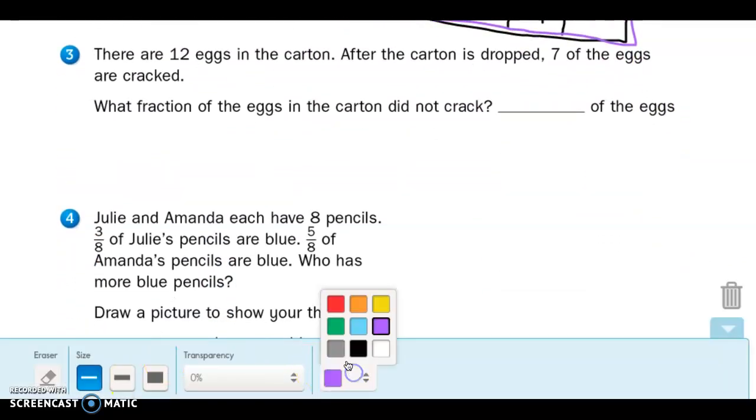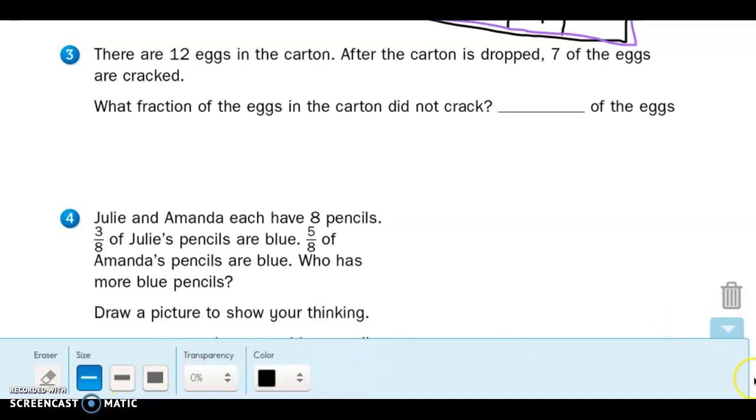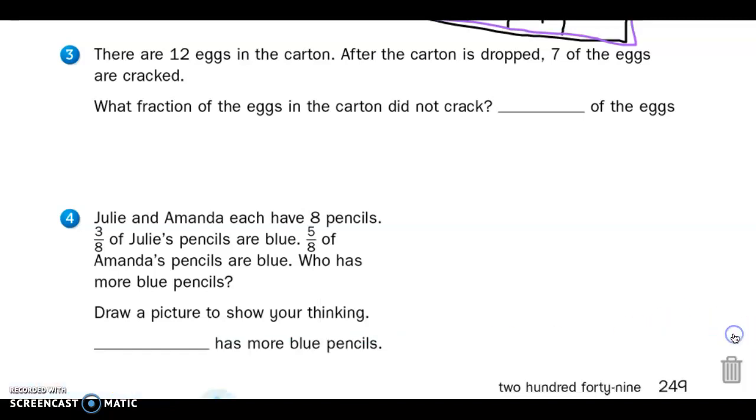Number 3 says, there are 12 eggs in a carton. 12 eggs, okay, that's our total. After the carton is dropped, 7 of the eggs are, oh no, they are cracked. What fraction of the eggs in the carton did not crack? Well, let's see.